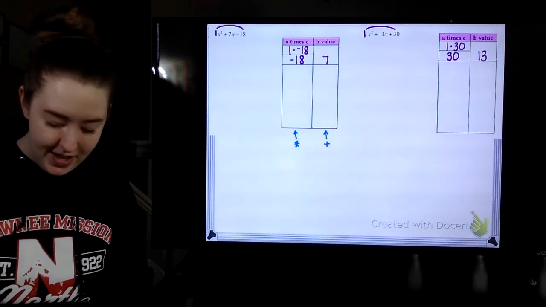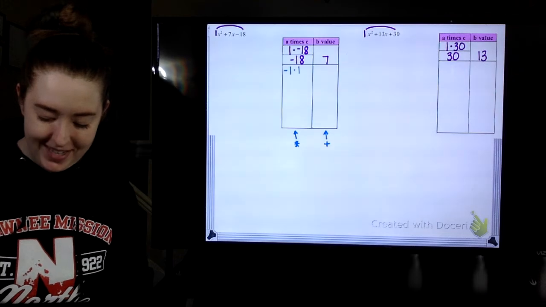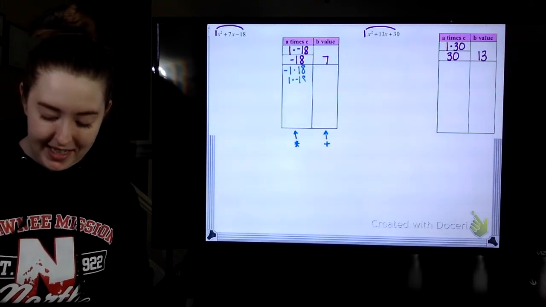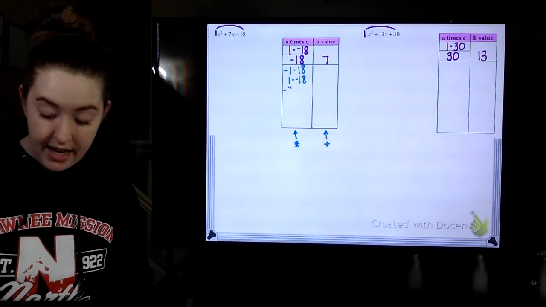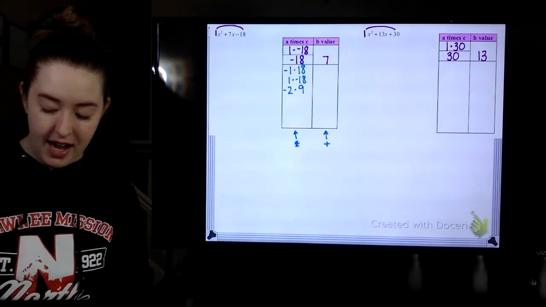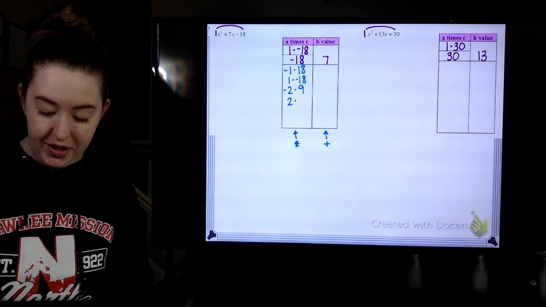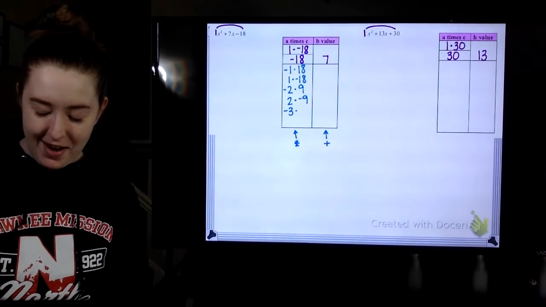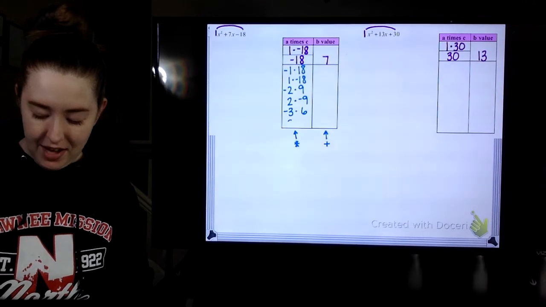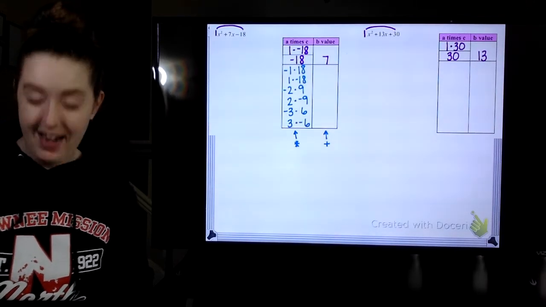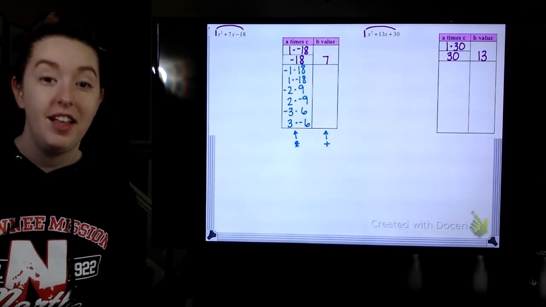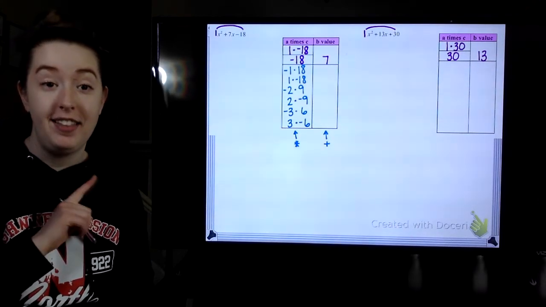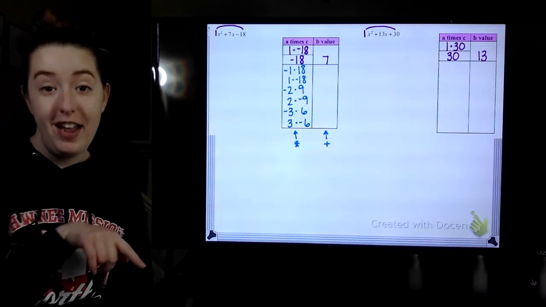Things that multiply to negative 18, one of them has to be negative, one of them has to be positive. So we'll have negative 1 and positive 18, and positive 1 and negative 18. Negative 2 and positive 9, positive 2 and negative 9. Negative 3 and positive 6, positive 3 and negative 6. And now we want to go ahead and add all of my numbers over here on the left on the right.